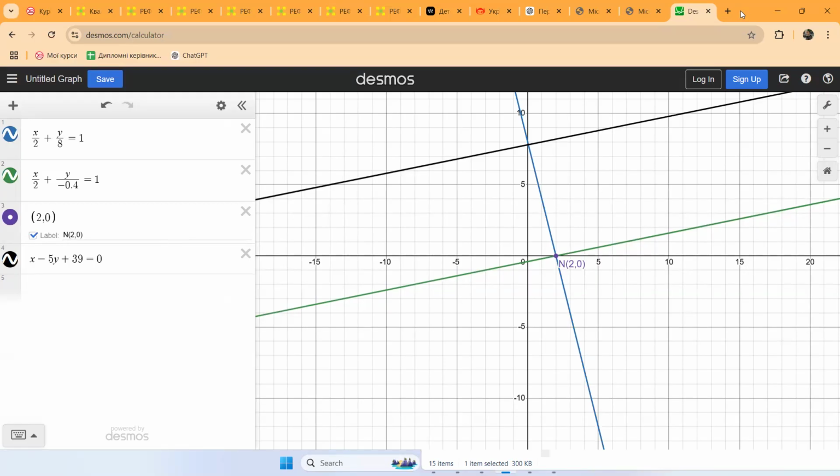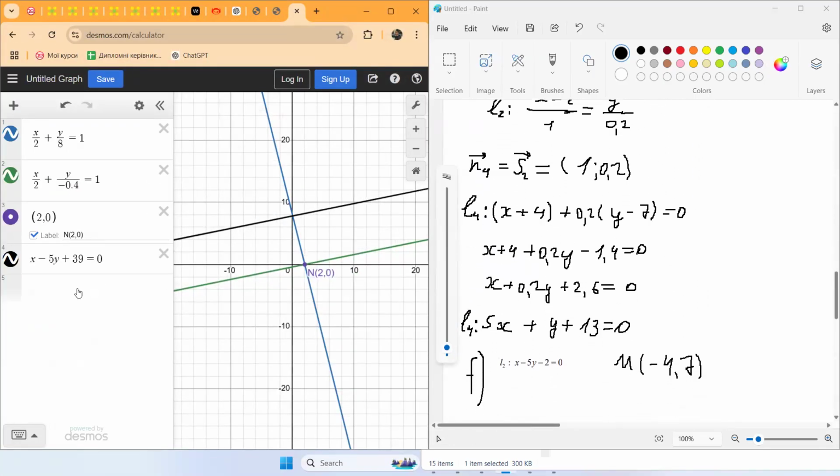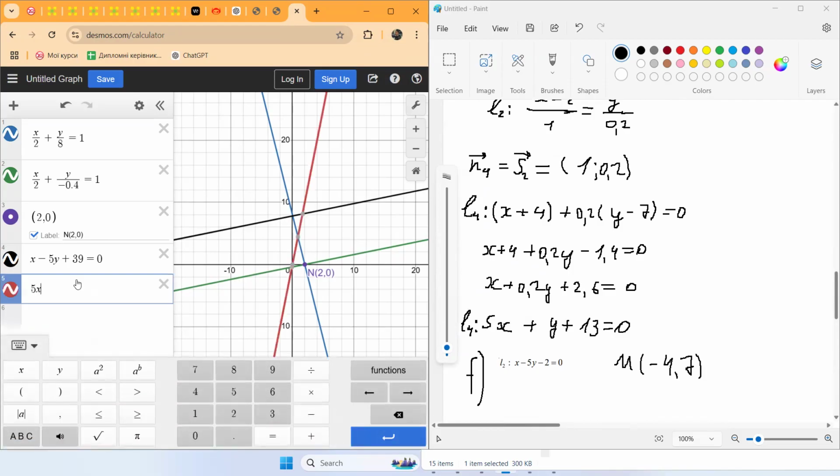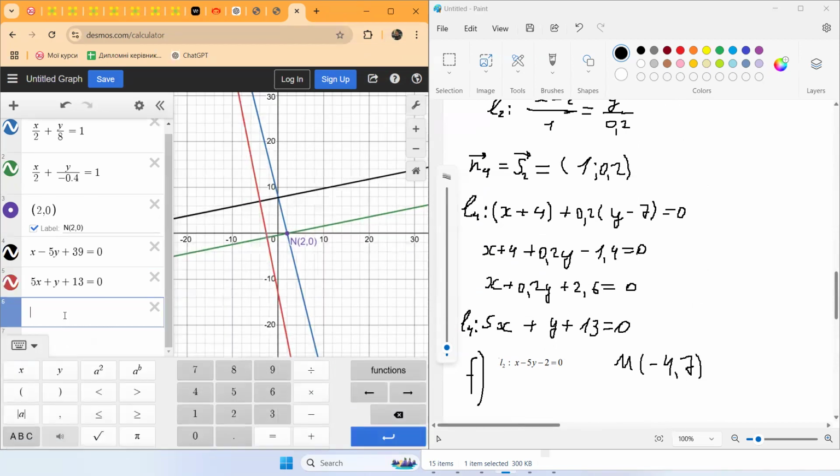Okay, and now building the last graph. So for L4, 5x + y + 13 = 0. So what we have? Point M, so (-4, 7).